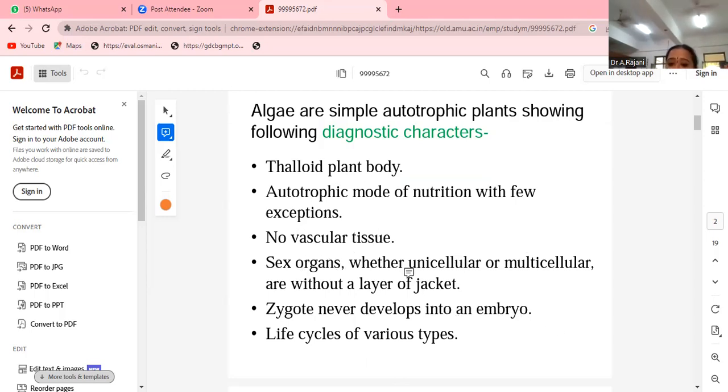The sex organs are unicellular or multicellular without a layer of sterile jacket. The zygote never develops into an embryo. Life cycles I explained yesterday: haplontic, diplontic, and alternation life cycles. These are all basic characters to classify the algal members.